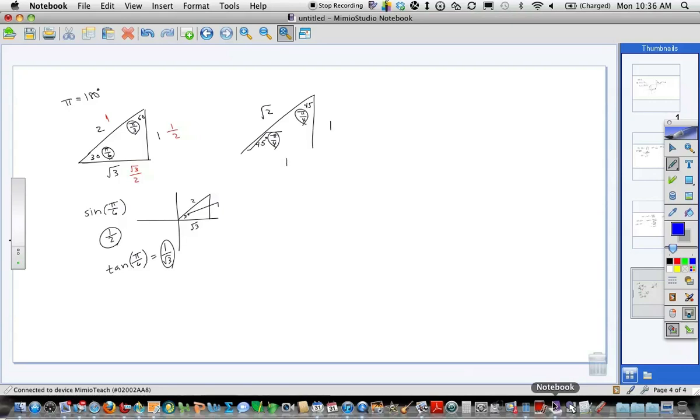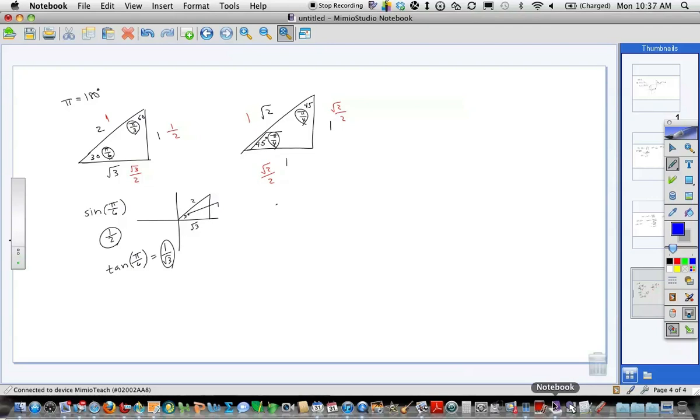Geometry class, algebra class, they would usually write it like that, probably. 1, 1, square root of 2. Mrs. Payne writes it square root of 2 over 2, square root of 2 over 2, and then 1. Okay?